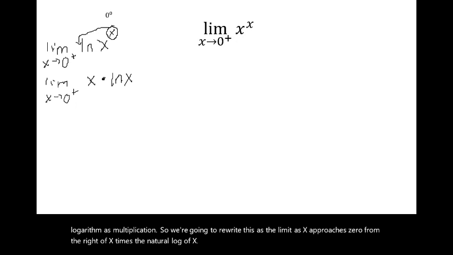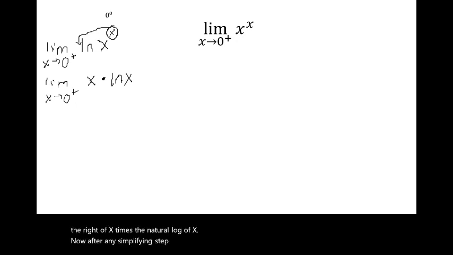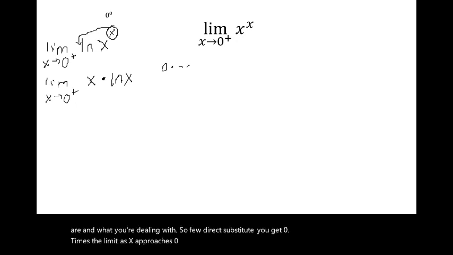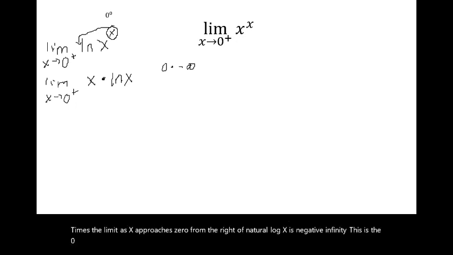Now after any simplifying step, you should always try direct substitution just to see where you are and what you're dealing with. So if you direct substitute, you get 0 times the limit as x approaches 0 from the right of natural log x, which is negative infinity. This is the 0 times infinity indeterminate form.